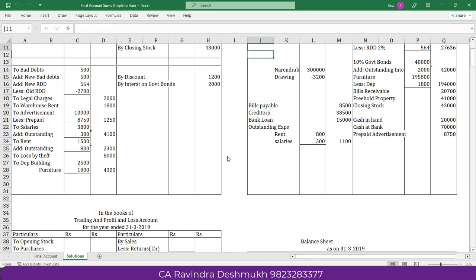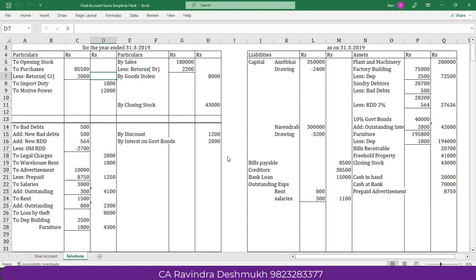Now we start with the closing. Before we start, taking the amounts in the outer column by adding and subtracting.